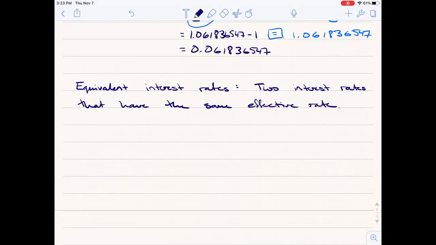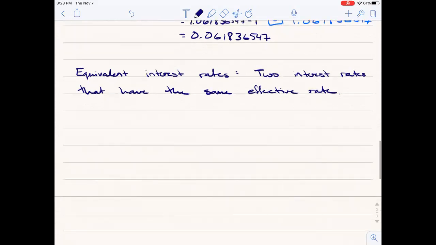So we use the effective rate as kind of a middleman, right? Because what we're doing technically is we're taking some rate compounded quarterly, let's say, finding its effective rate, and then undoing the effective rate to be compounded semi-annually, for example, right? And so we're kind of using the effective rate as a stepping stone. I'll show you how this formula came about, but you don't need to know that. It's just to show you what's going on.